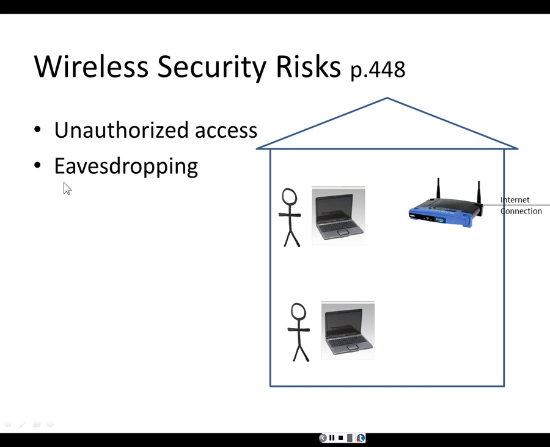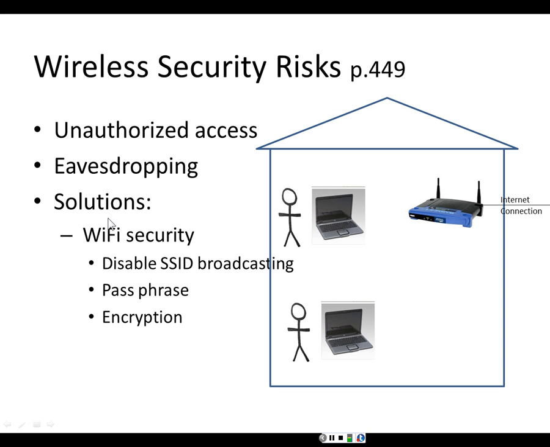But the bigger threat is eavesdropping, whereby any signal that you send to your wireless router could be picked up by the person downstairs if the person downstairs had a protocol analyzer. Those are the two threats.